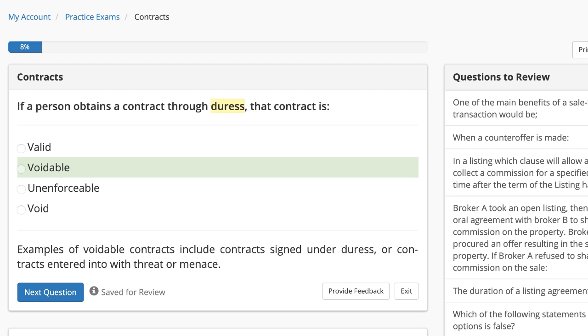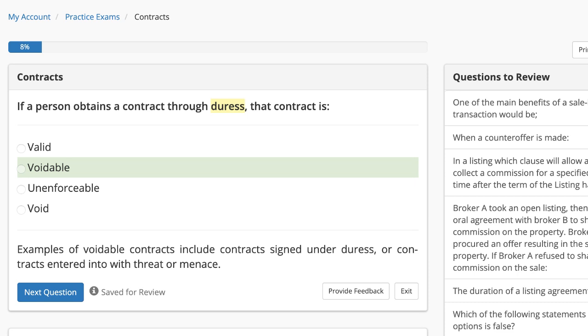So when you have a contract, you have valid, void, and voidable. Who knows what the difference is? What is a valid contract? What do you guys think?